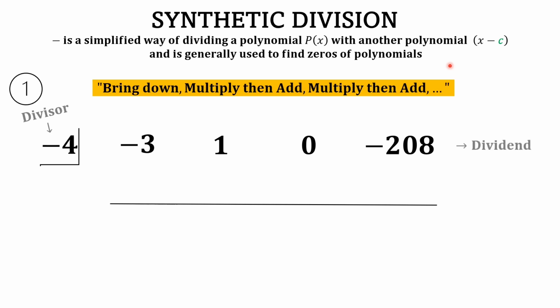Negative 3, 1, 0, negative 208 are the coefficients of the dividend.